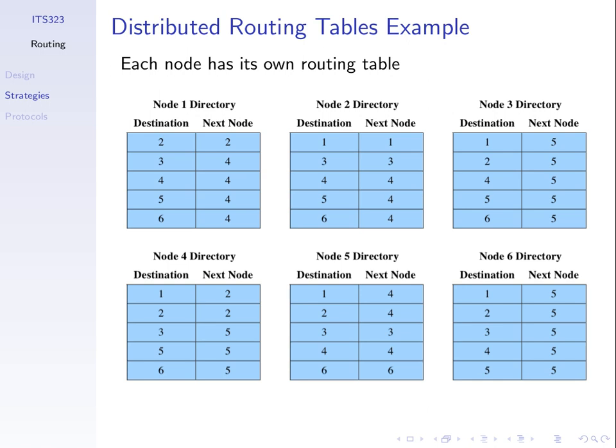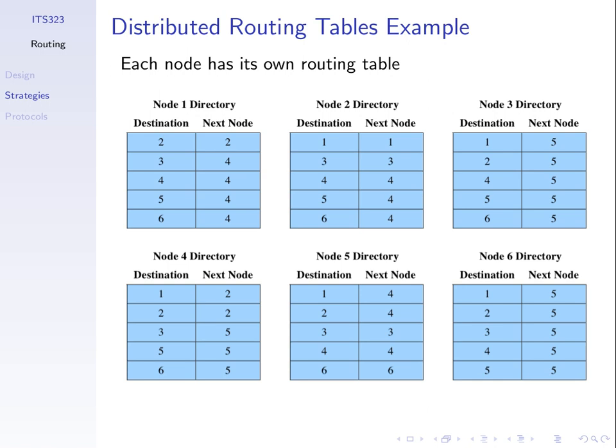Has anyone seen a routing table before? We've been talking about switched networks and these being switches, but in the internet, most devices, including hosts on the internet, also have a routing table.